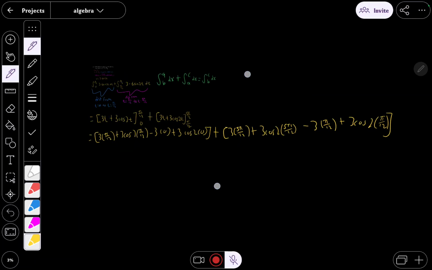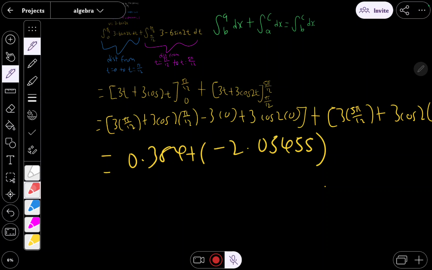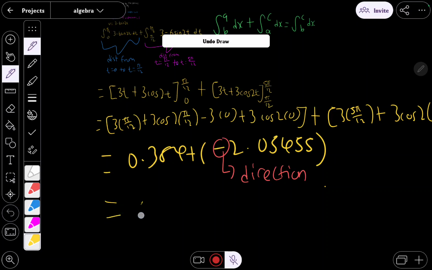When I get this answer, this will be equal to 0.384 plus minus 2.0555, because note that this negative here is indicating the direction. So don't be confused, take it as a positive, because remember, displacement is a vector quantity.